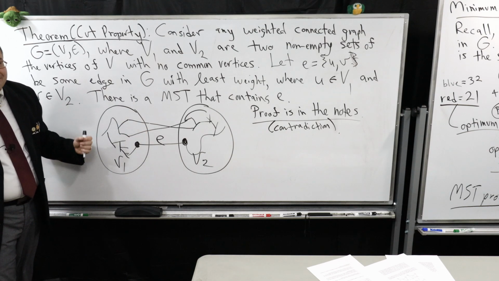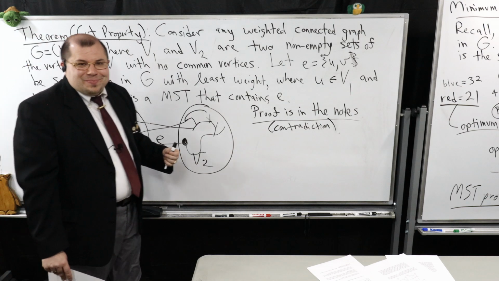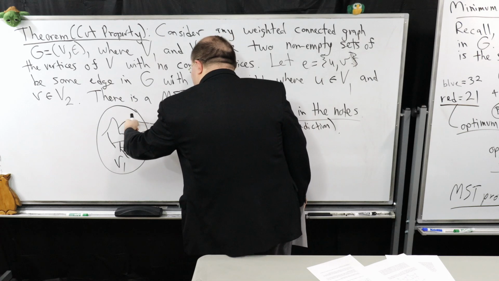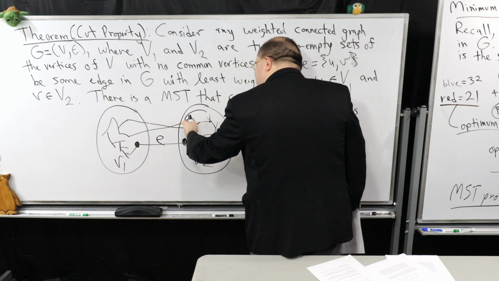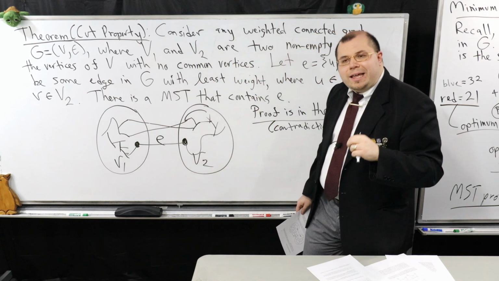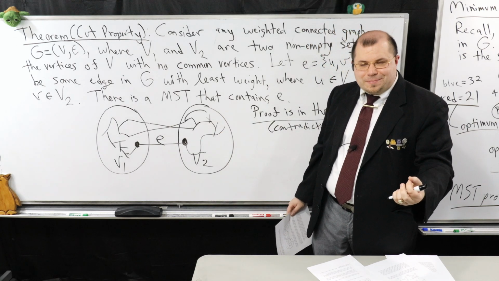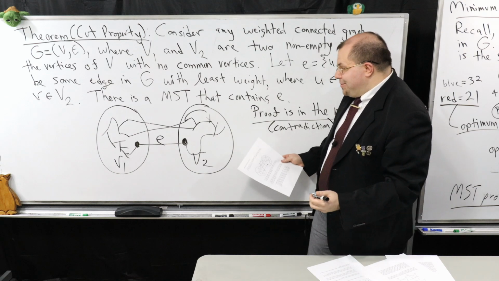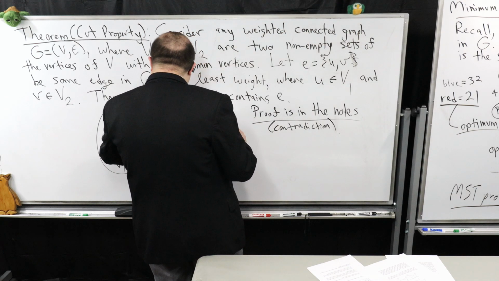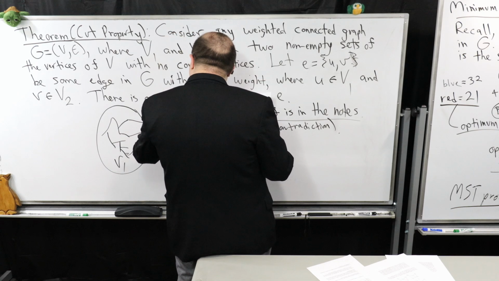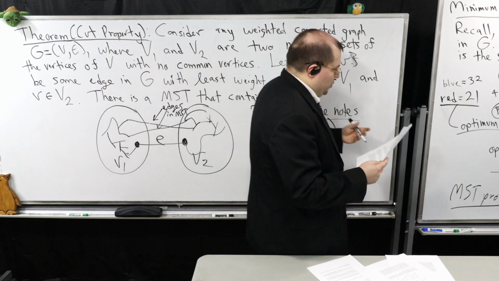The point is I have other edges that go from, remember, each one of these will have some endpoint in V1, and then there's going to be another one in V2. So most certainly, at least one of these other edges has to be in the spanning tree. So note that these other edges I have here could be edges in the MST, in the proof.